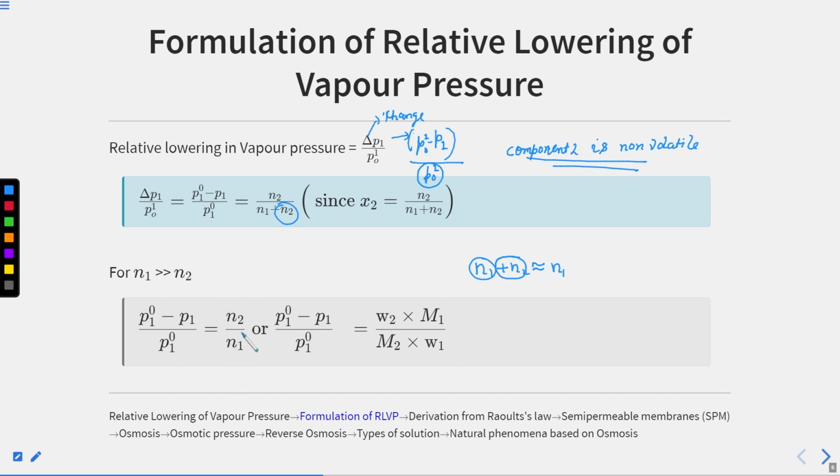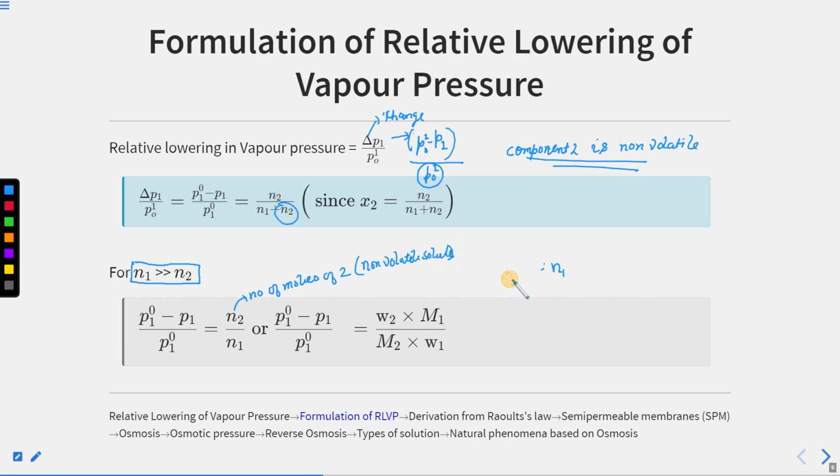So our relative lowering of vapor pressure, in the case of N1 much greater than N2, can be written as N2 by N1. What is N2? It is the number of moles of 2, which is the non-volatile solute.